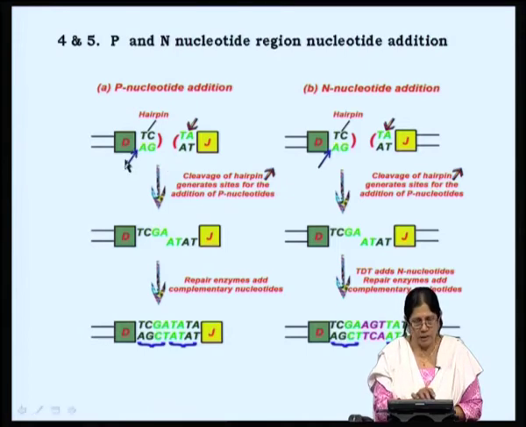Let us see in case Artemis cleaves at the hairpin junction between the D gene segment and this hairpin structure. If the cutting is closer to the lagging strand, look at the coding strand first. The coding strand would have the TC, which was originally there, plus GA from the lagging strand.